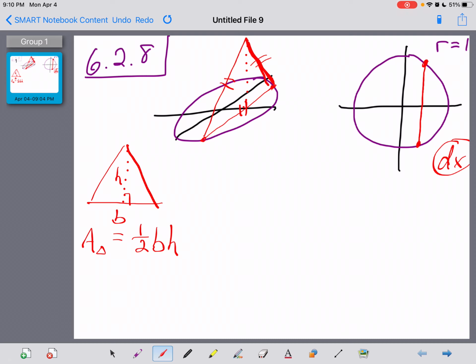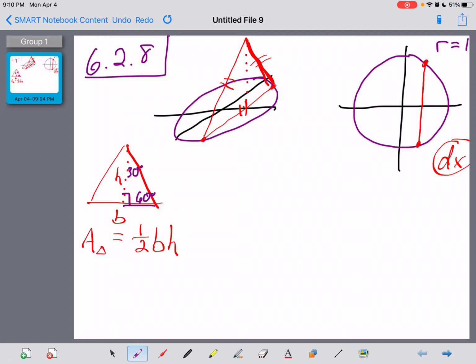Well, if we remember some things about equilateral triangles, all of your angle measures are going to be 60 degrees. So we know that that angle is 60. We've got a 90 right here. That leaves 30 degrees left over for this angle. So we have ourselves a 30, 60, 90 right triangle.